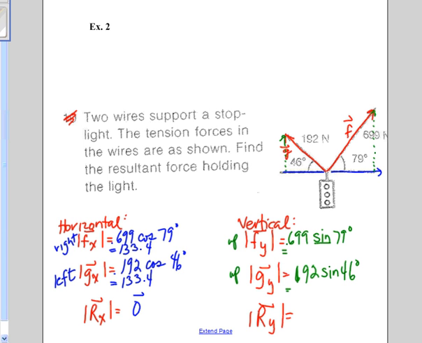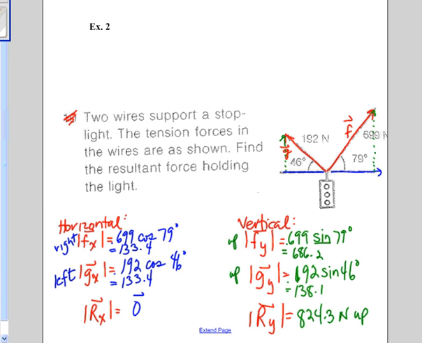And my two answers for those are 686.2 and 138.1. So the upwards force would be 686.2 plus 138.1, and we have a total upwards force of 824.3 newtons upwards.